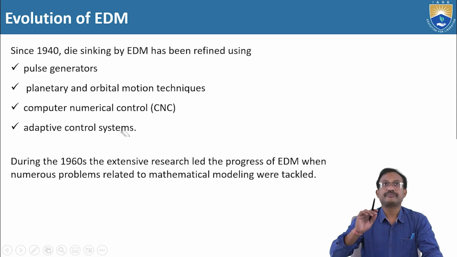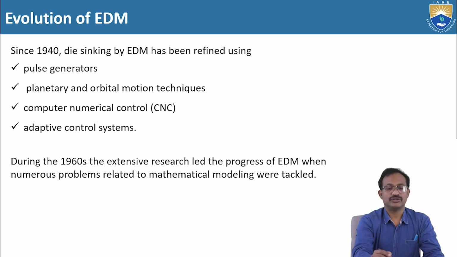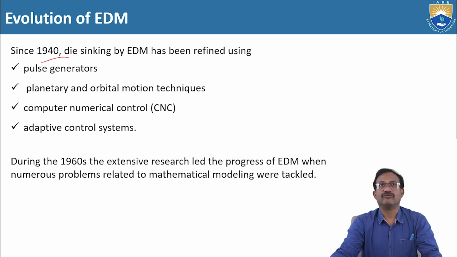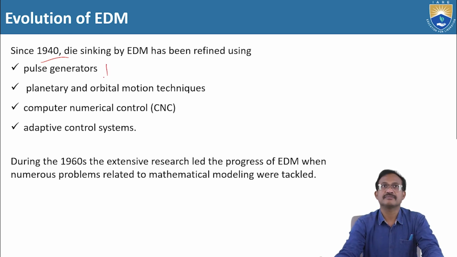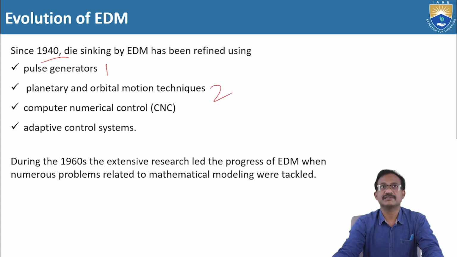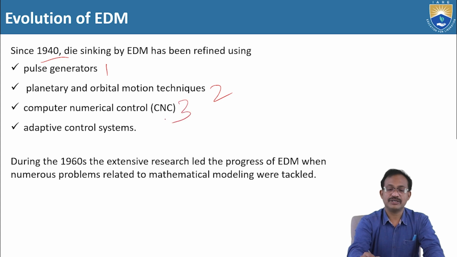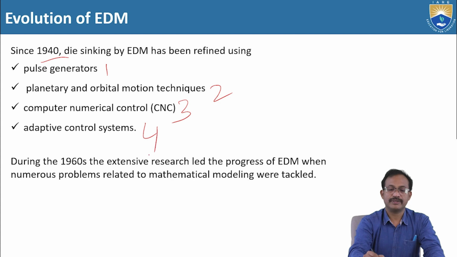Now we briefly look at the evolution of electrodischarge machine. During 1940s, die sinking by electrodischarge machining has been refined using pulse generators, planetary and orbital motion techniques, computer numerical control techniques, adaptive control systems.